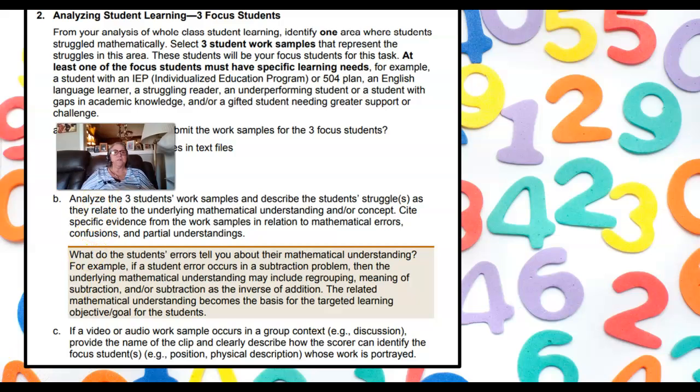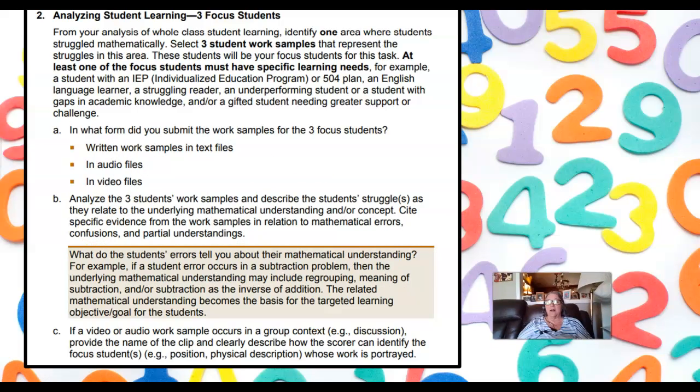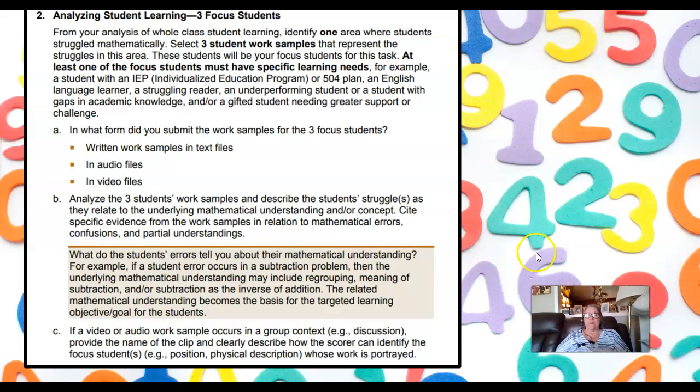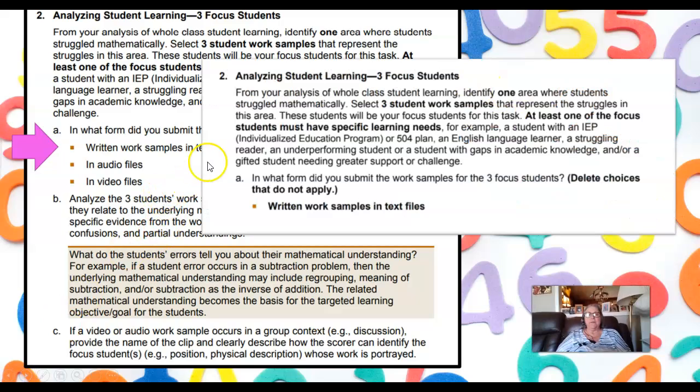Okay. So let's take a look now a little more in depth at the prompt. Here you've got 2A, and 2A asks that you, in what form did you submit the work samples for Focus Student 3? And actually on the actual template, it says in what form did you submit the work samples, and it says delete choices. So you actually are going to do that.